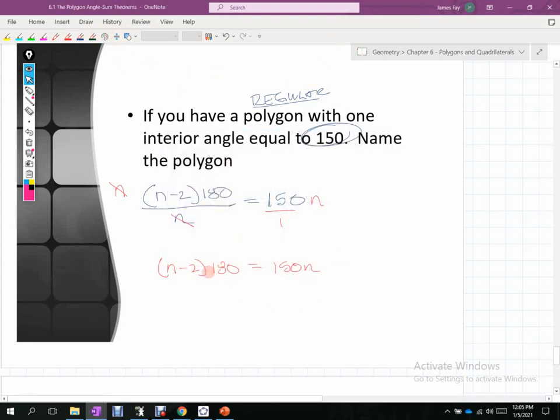Next thing we have to do, because we got n's on both sides now, we need to manipulate this so all your n's show up on one side. In order to do that effectively, we actually need to distribute here. So we get 180n minus 360 equals 150n.